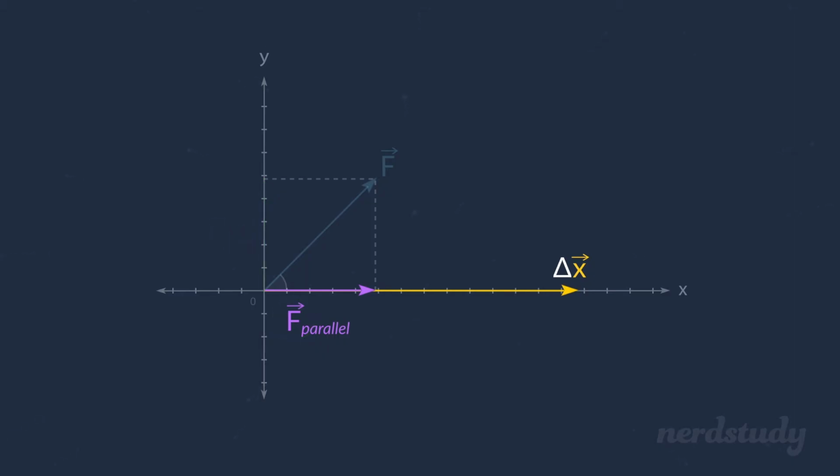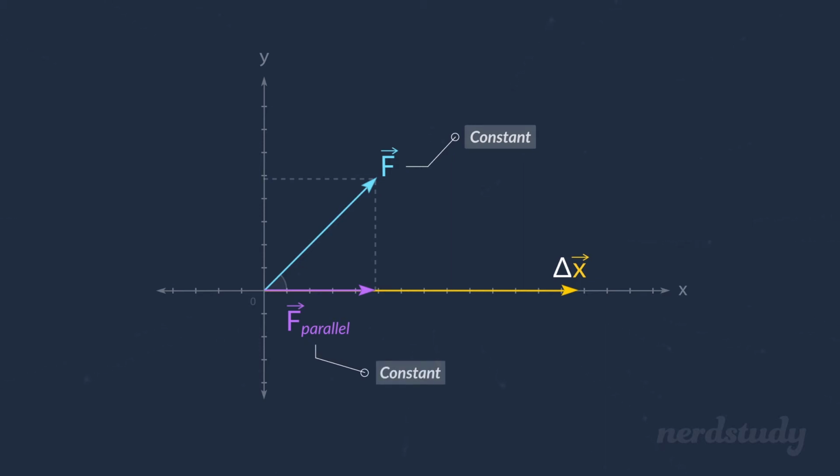Okay, so let's throw out the perpendicular component of the force and keep only the parallel component. The parallel component obviously has the same direction as the displacement itself. And if we assume that the force is constant, the parallel component of the force must be constant too.